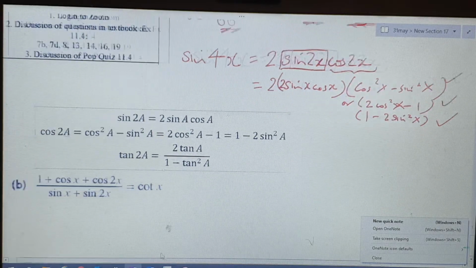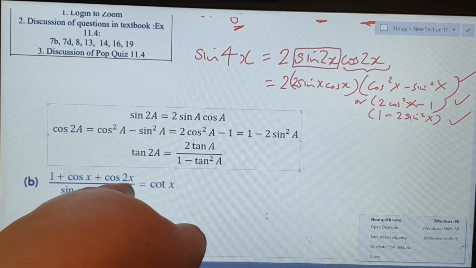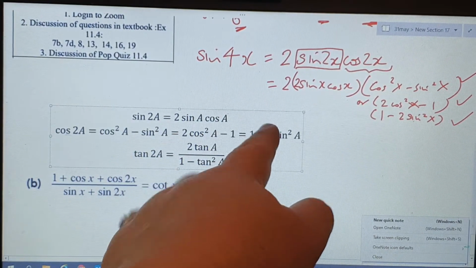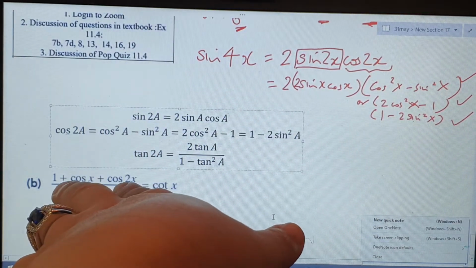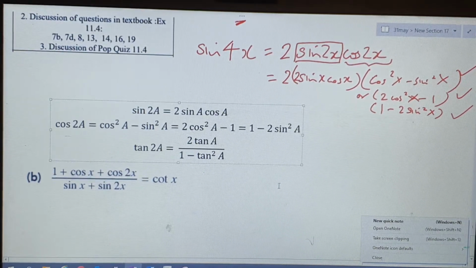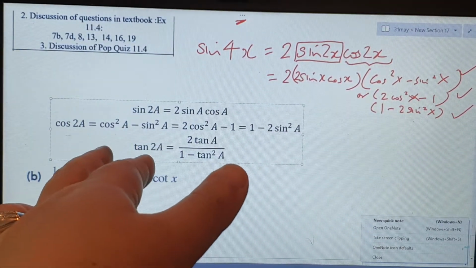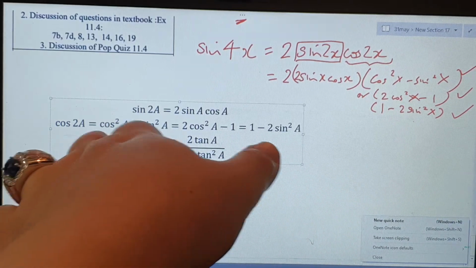For cosine, there are 1, 2, 3 different ways to write it. You only write one, you don't have to write all three. So which one to use? That's where you need to observe. I straight away go to the proving, since I'm already at this question. Later I elaborate on how we get these 3 different forms of cosine 2a.